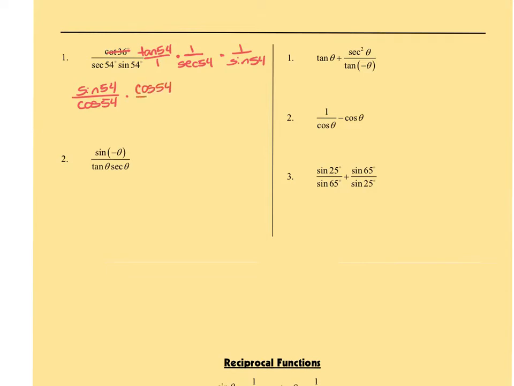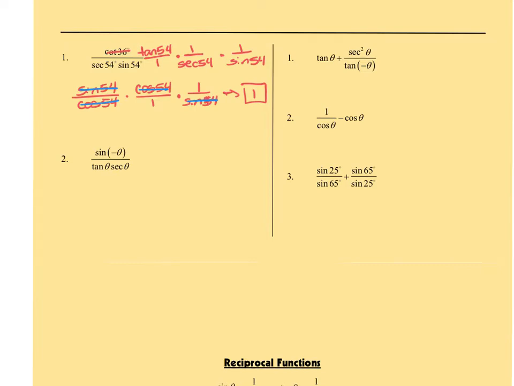And even though it's over 1, I'm still going to write it as over 1. I don't want to just write the cosine 54. Putting it over 1 is going to help me better align numerators and denominators. Then I still have my 1 over sine 54. And then I can see what's going to cancel. So sine 54, cosine 54, cosine 54. This whole thing simplifies to a nice 1.